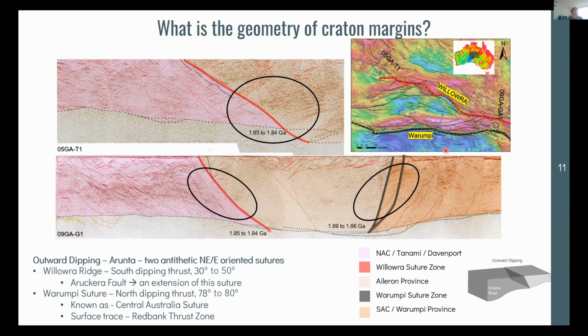It also represents the Central Australia suture. In our research, we chose Villora as the most southern edge of Mount Isa, and we classify it as outward dipping. So Mount Isa is inward dipping and Aronta is outward dipping, so you can see they have quite different geometries.